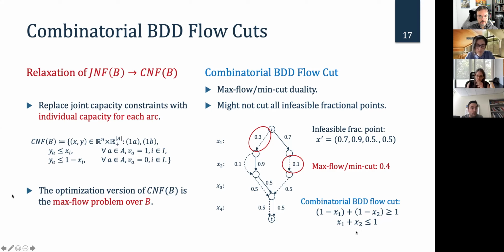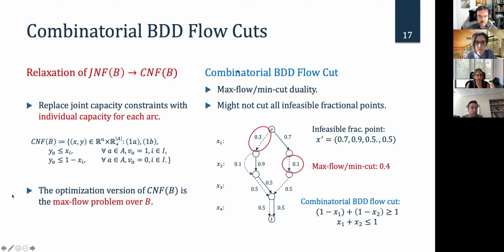Here we get a very simple cut, x1 plus x2 less or equal to 1. If I don't misrecall, this is actually a really strong cut for this problem. It's facet defining, the best that you can get. So even if the technique doesn't have nice theoretical guarantees, you can still get a lot from it.